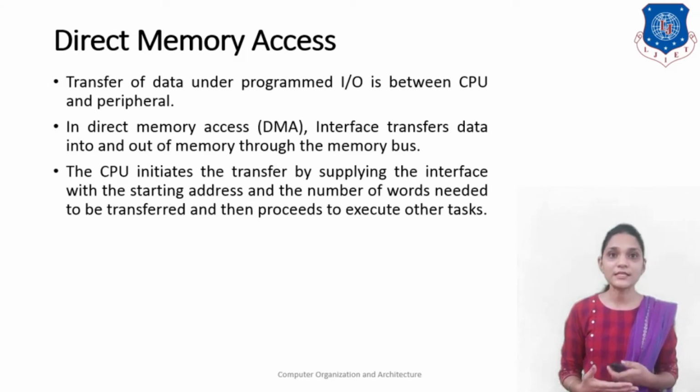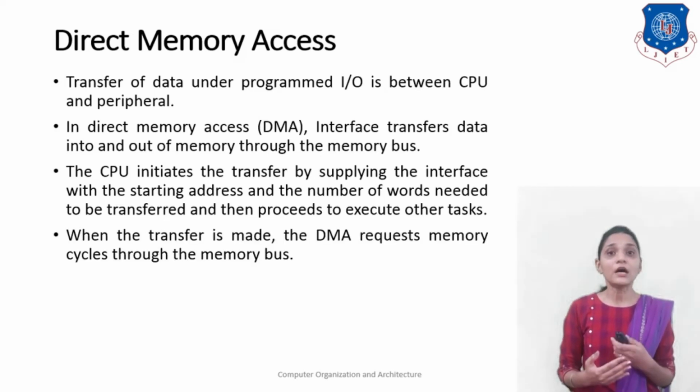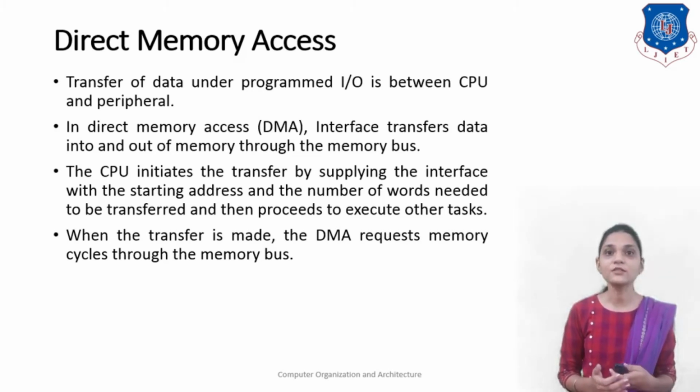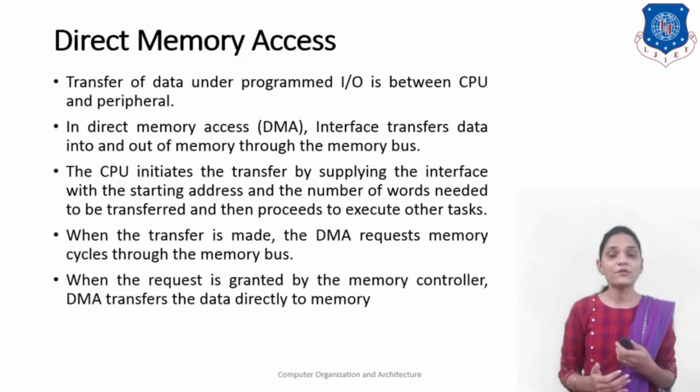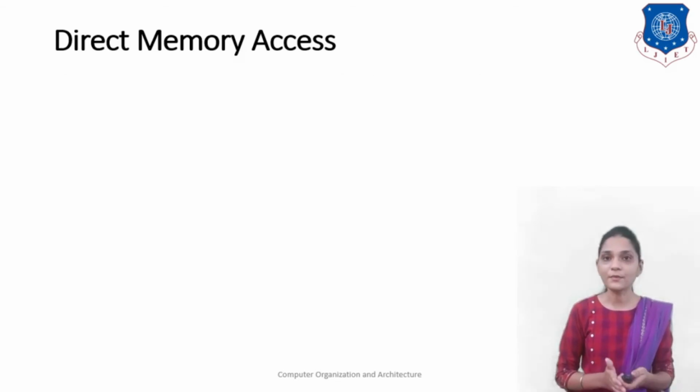The CPU initiates the transfer by supplying the interface with the starting address and the number of words to be transferred, and then proceeds to execute other tasks. When the transfer is made, the DMA requests a memory cycle through the memory bus, and when the request is granted, the DMA controller transfers the data directly to the memory without using the CPU.